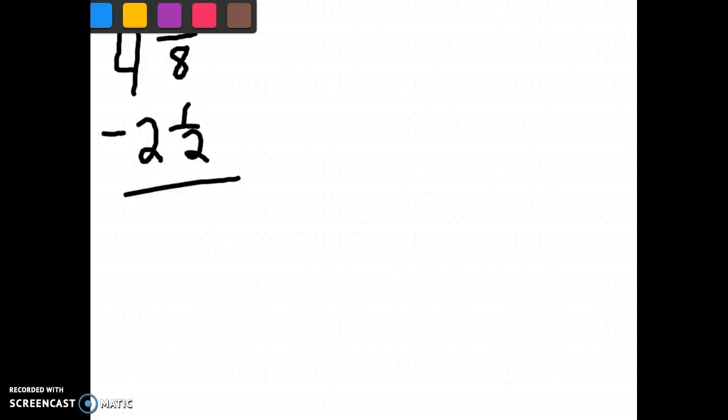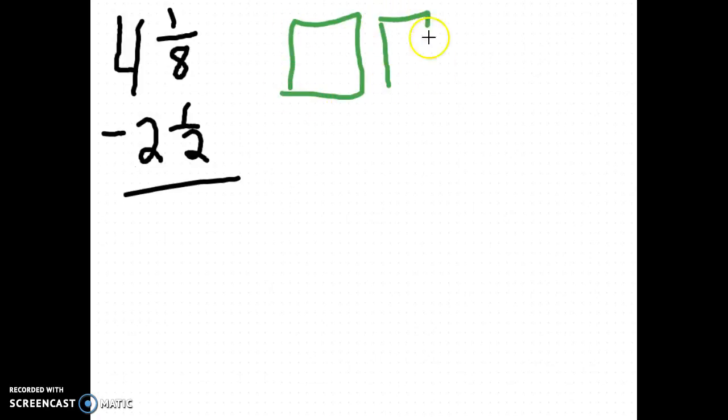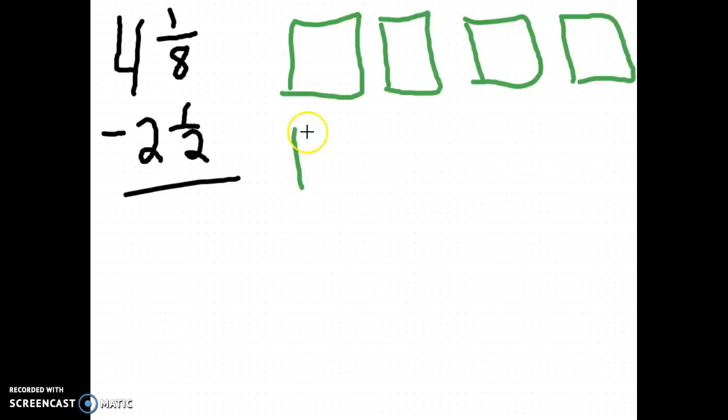So 4 1/8 as a model would be 4 whole and 1/8 of another. Minus 2 1/2. So we want to take away 1/2. Well, we only have 1/8 of a fraction, so we can't take away a half.